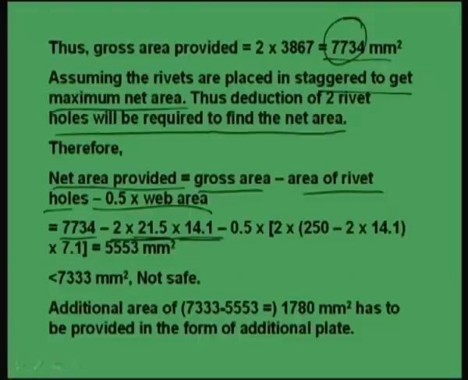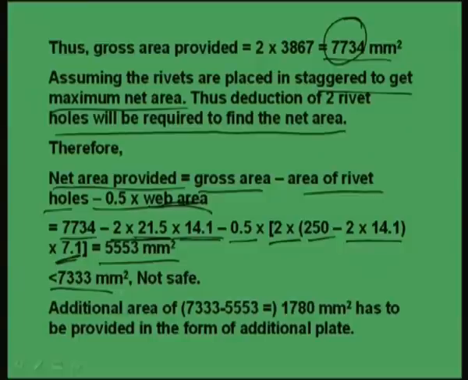Okay. So, minus 0.5 into web area, will be 250 minus 2 into 14.1, into the thickness of the web, that is 7.1, into 2, because 2 channels are used. So, this will become 5553 millimeter square, which is less than 7333 millimeter square.